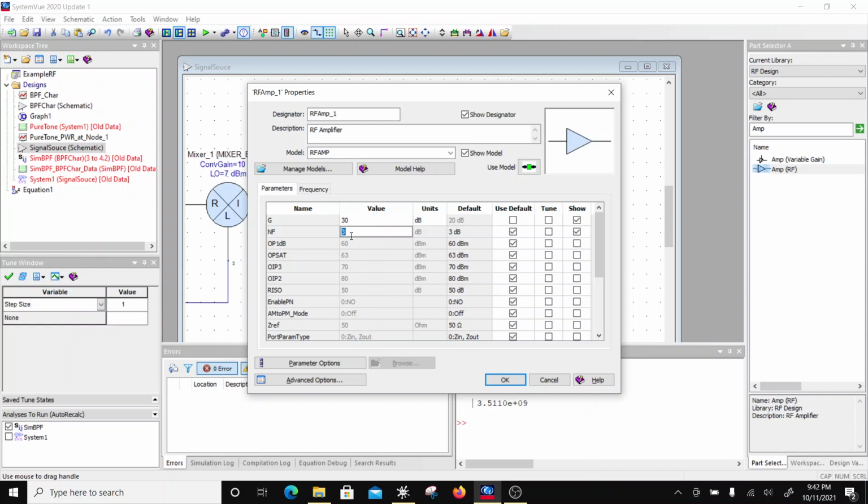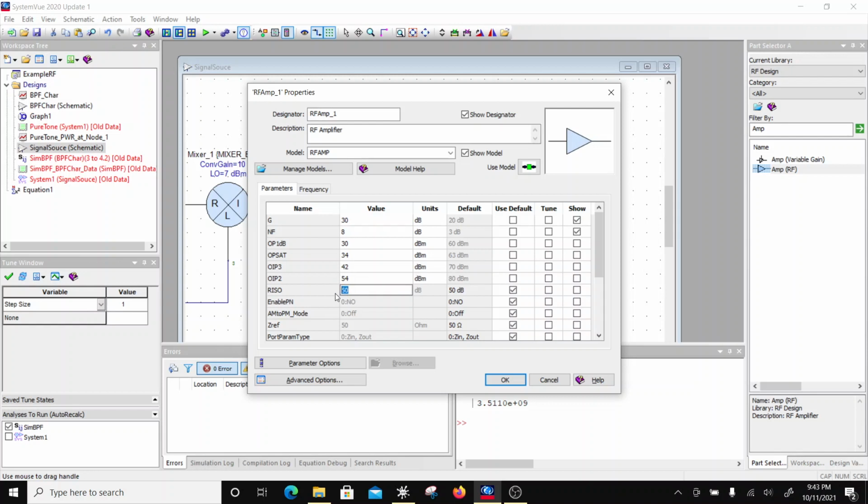Noise figure is around 8 or 7, something like that. Here you see the characteristics. So if I want the compression to be around 30, and then that means that around 34 I'll have the saturation, and then at 12 dB, so 42 will be around the TOI, and then the SOI would be around 54, right?